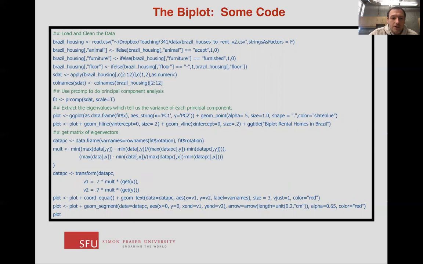Then I've converted, so everything here is being stored as text, and so that I'm able to easily convert it to be numeric by doing apply, and applying to the columns of interest here. That C12 means apply to every element in the matrix, and apply what? I'm applying the function as.numeric.